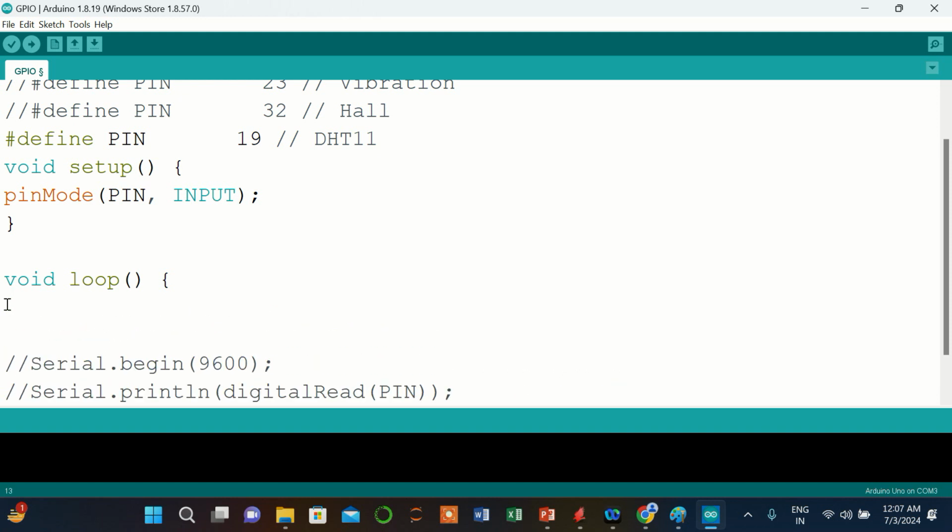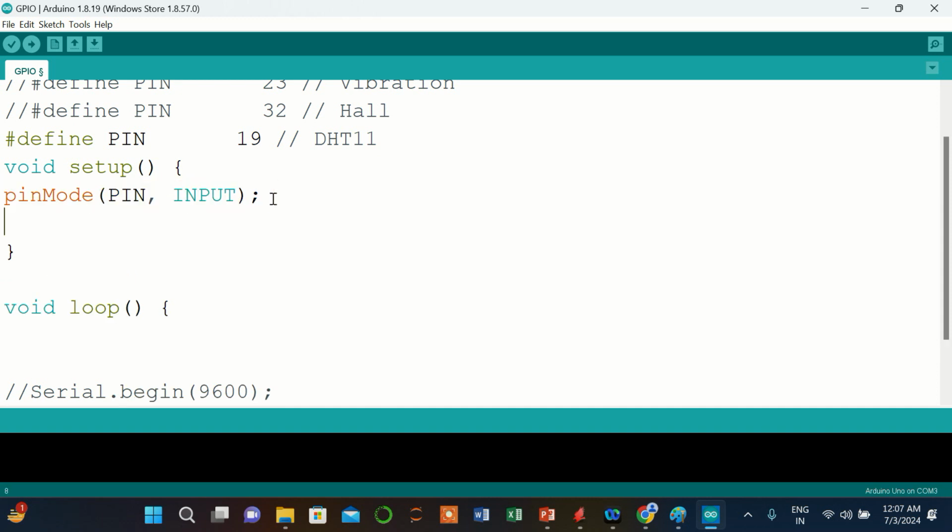You want to show this data on the LED. So now where is your data available? You have said this pin is input. Similarly, if you want to use the LED, what you do is pin mode. Which pin? Some other pin. Let's say this is the pin of input, and this is the pin of, let's say, output.